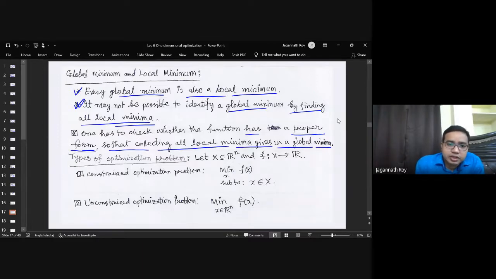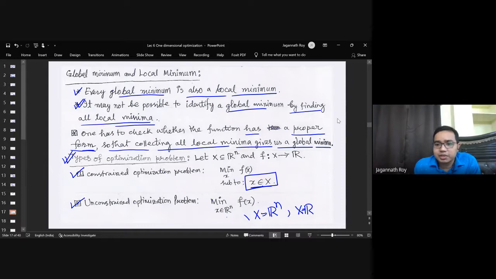There are types of optimization problems that we have discussed. One is constrained optimization, another is unconstrained optimization. Unconstrained means we will not impose this condition; we will allow x to be in Rn or R, so you can take any value.